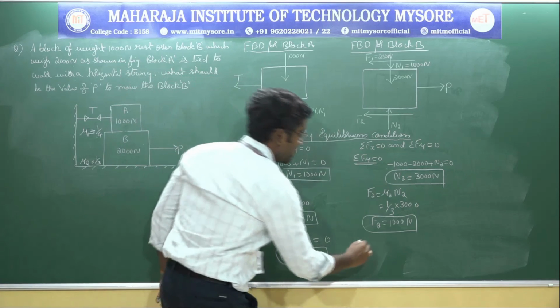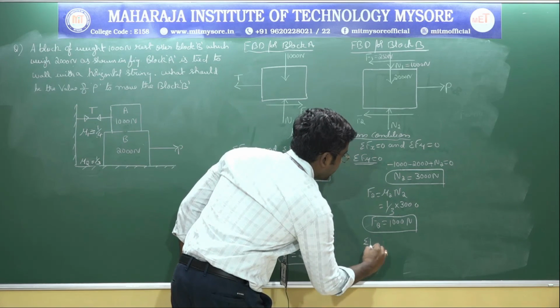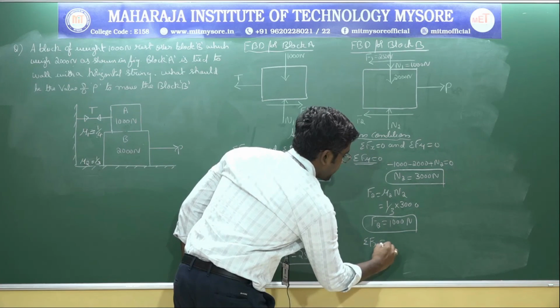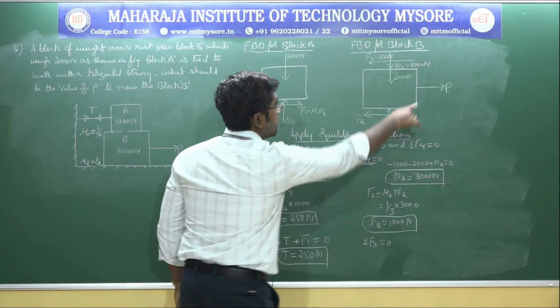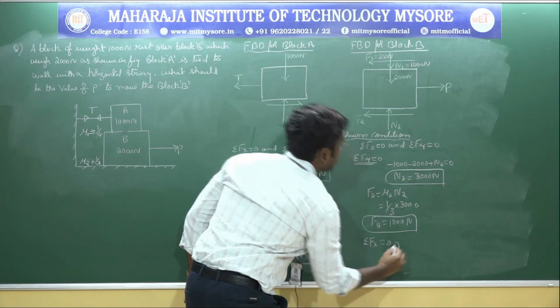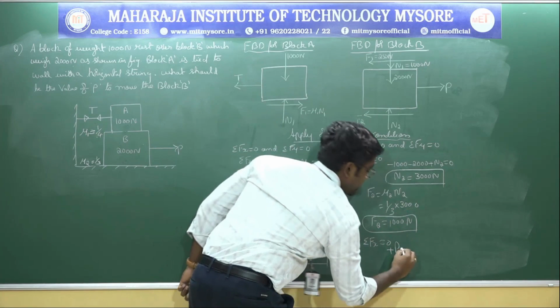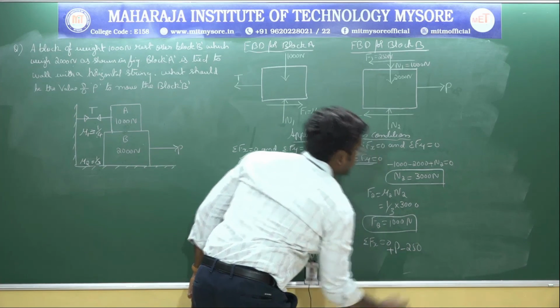Now let me apply the second one, that is summation of Fx is equal to 0. So here it will be plus P, minus F1, and F1 is equal to 250, that is minus 250.